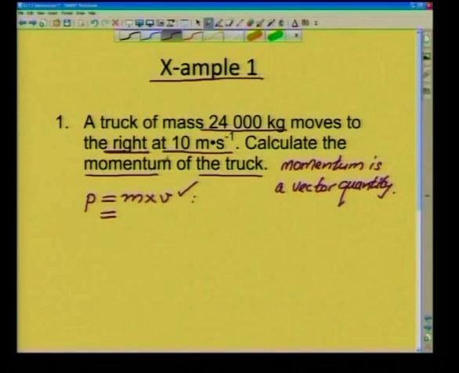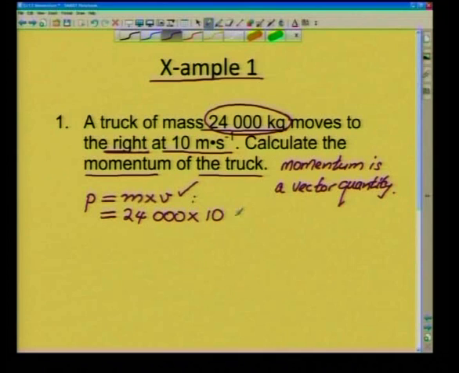Right. So this would be equal to, what is the mass of the truck? The mass of the truck is given up there. It is 24,000 times. What is the velocity of the truck? The velocity of the truck is 10 meters per second to the right.